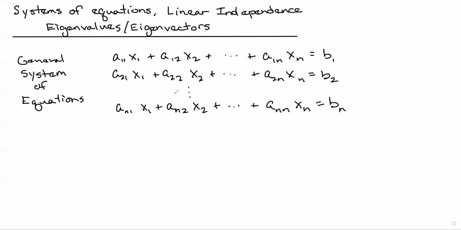Okay, so that's our general form for a system of equations, just n equations, so n this way, that's equation 1, equation 2 through equation n, and we've got n unknowns, so you've got x1 through xn, and then all these a's are just different, potentially different coefficients that you could have on all of the unknowns.